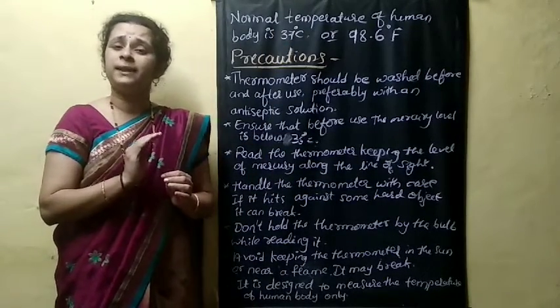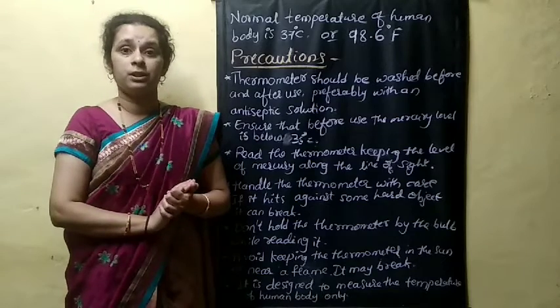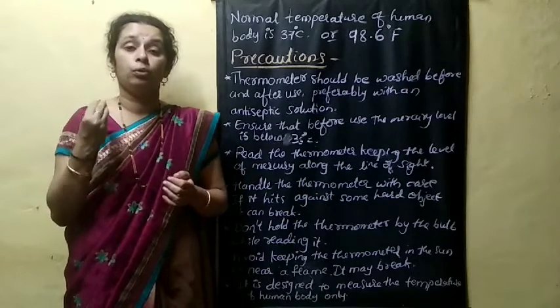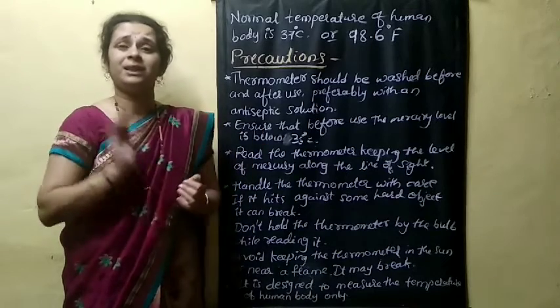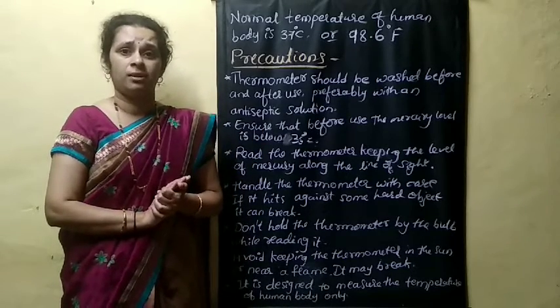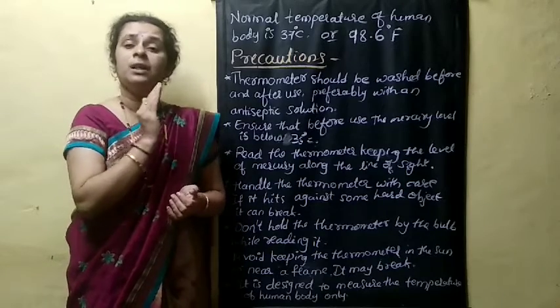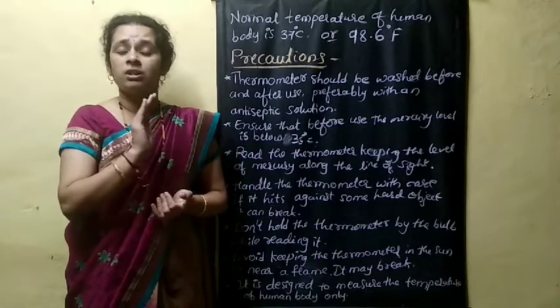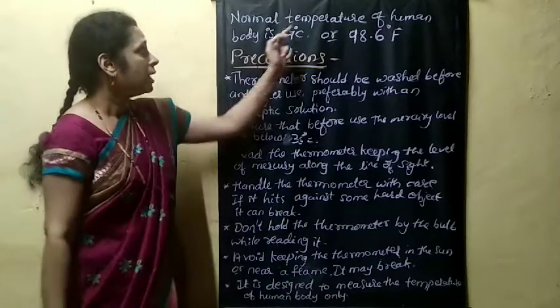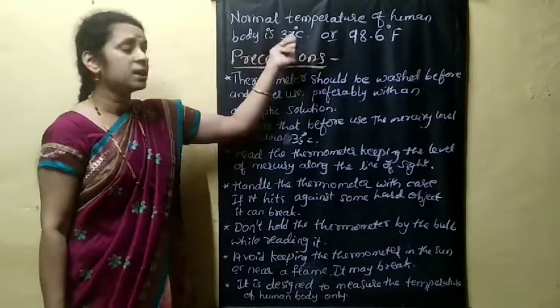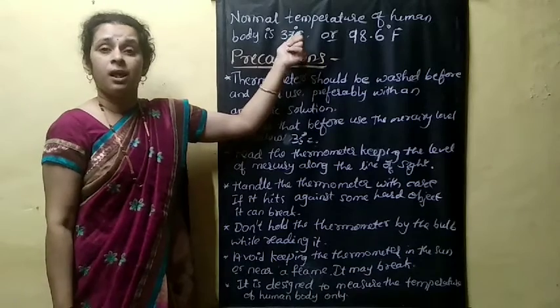Always it will not be exactly 37 degrees Celsius. You shouldn't feel that something is wrong if you are not having exactly 37 degrees Celsius. Sometimes it may be slightly below or slightly above 37 degrees Celsius.